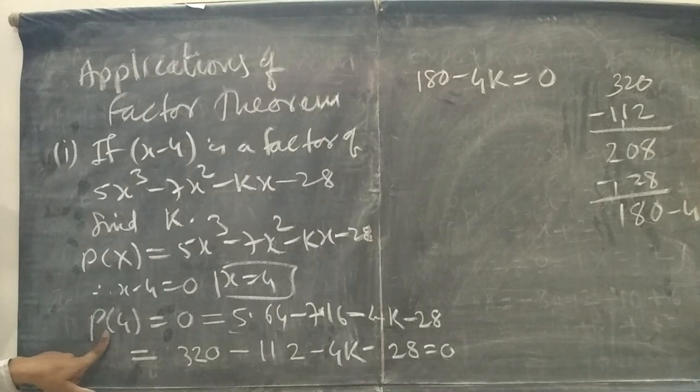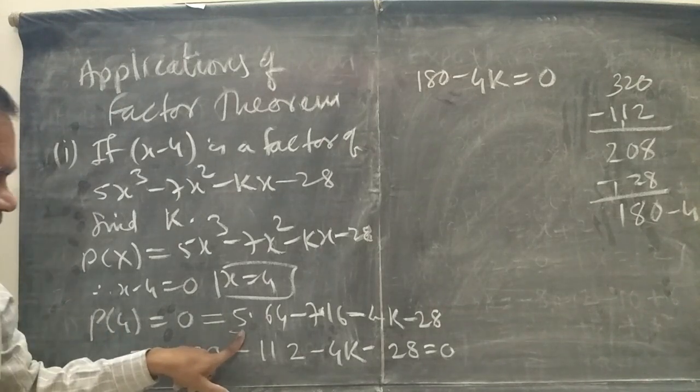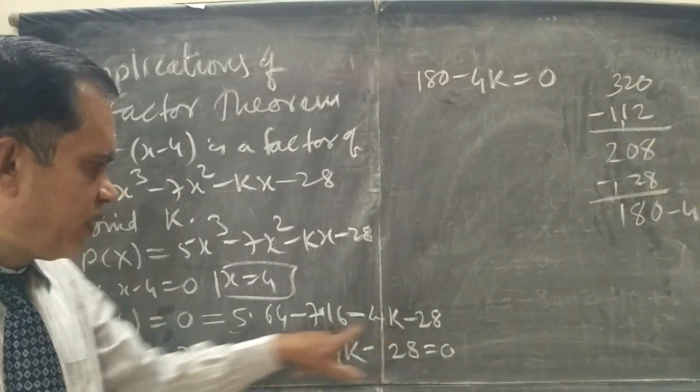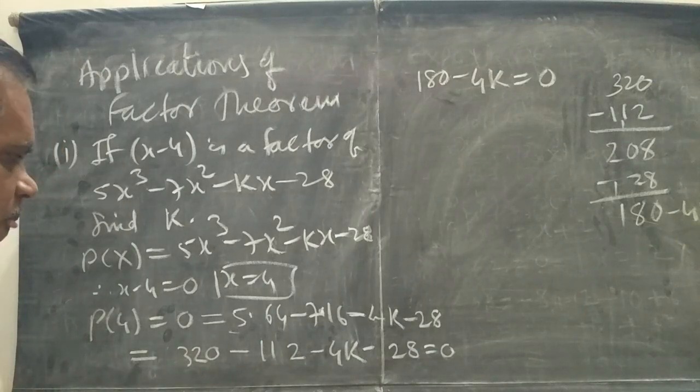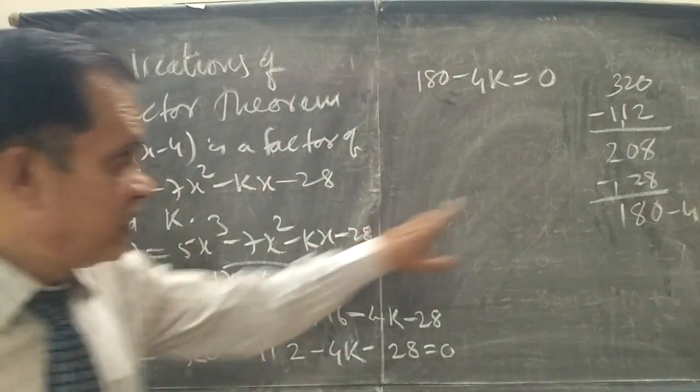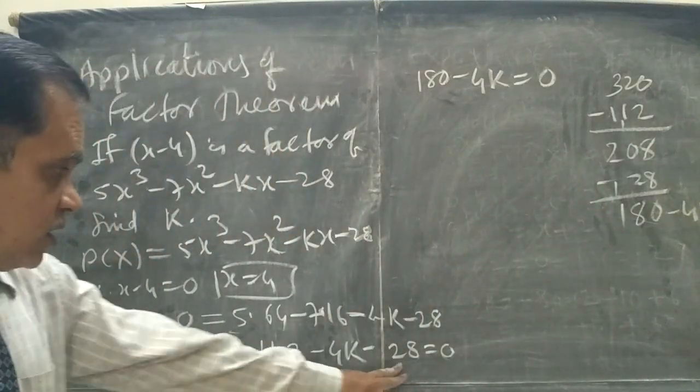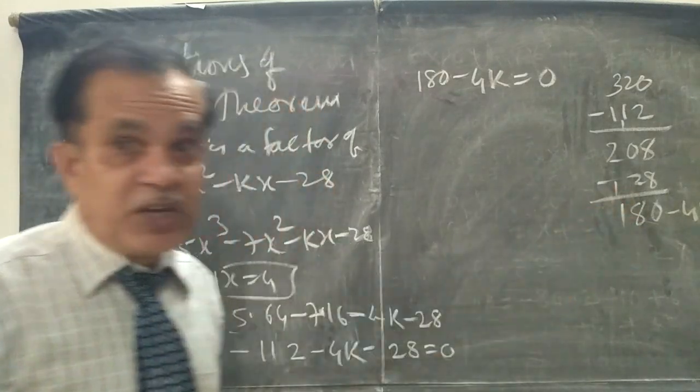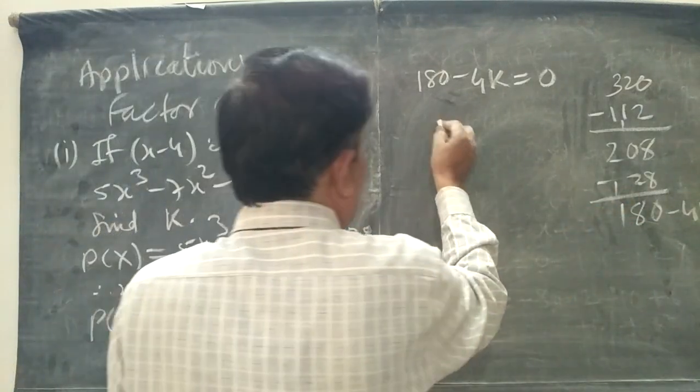Students, simplify, and since the remainder is 0, equate the value of the polynomial after putting x equal to 4 to 0. But be careful, do this separately. Subtract numbers carefully, no mistake, no carelessness.